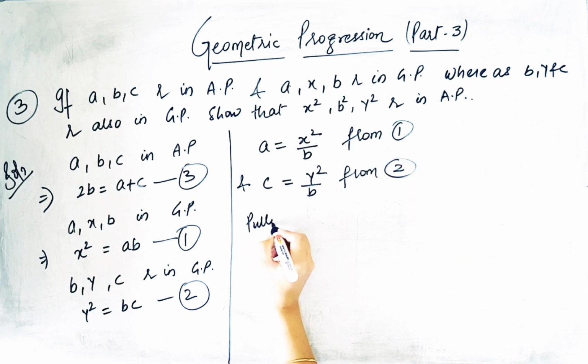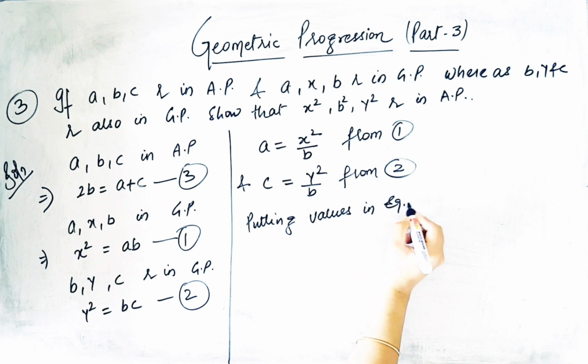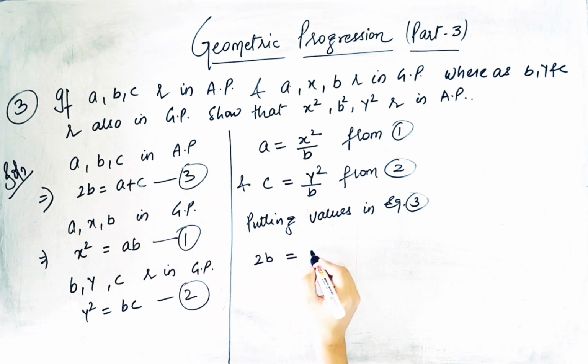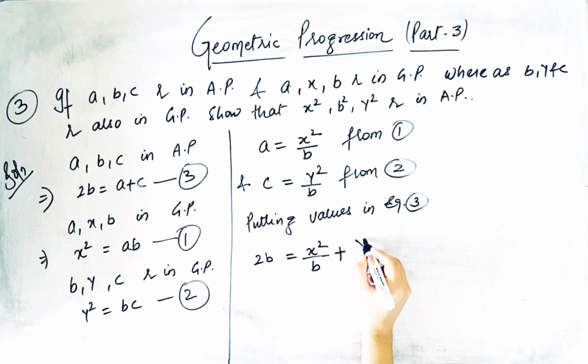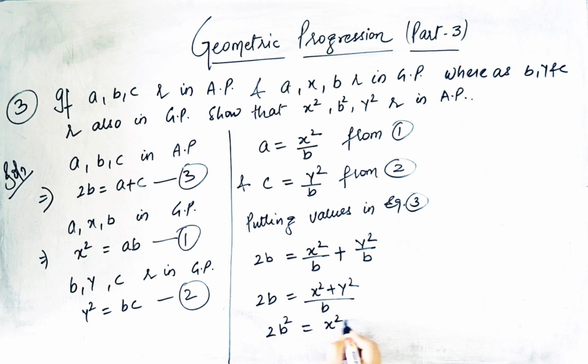Putting these values in equation number 3, we get 2B equals, in place of A we write X square by B, and in place of C we write Y square by B. Taking LCM, we get (X square plus Y square) by B, thus 2B square equals X square plus Y square.